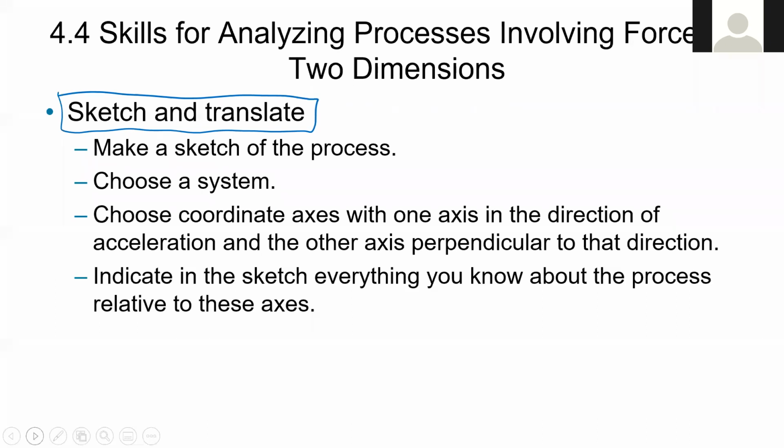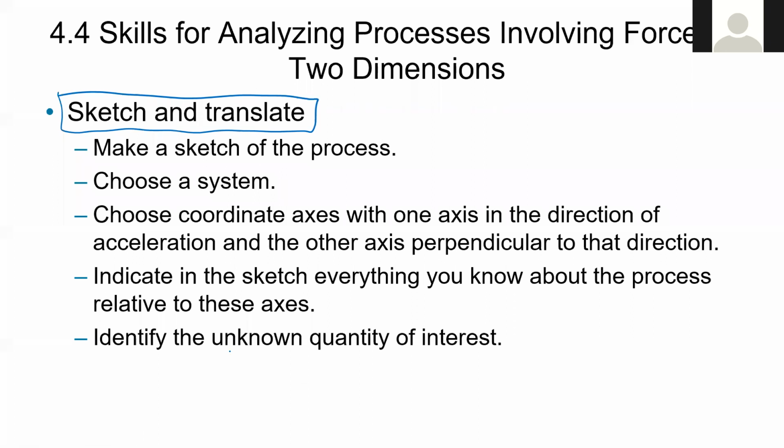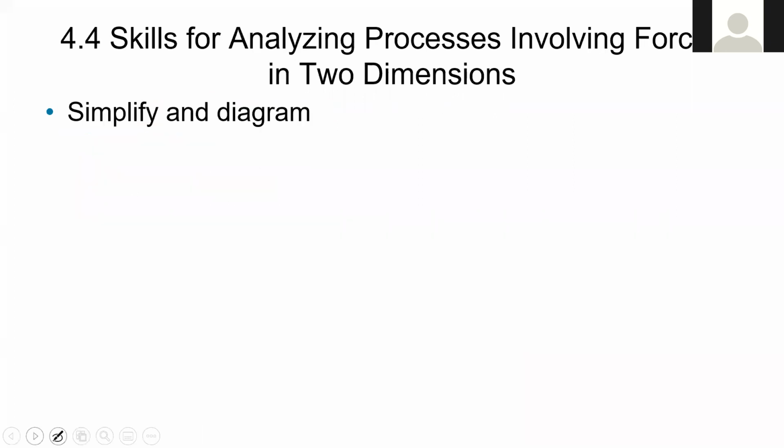Indicate on the sketch everything you know about the process relative to these axes, like you're putting on your knowns and unknowns. You identify the unknown quantity of interest. So you write down what are the variables that are given and what is the variable that is asked for, kind of make a list there.